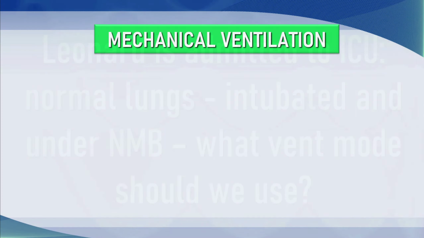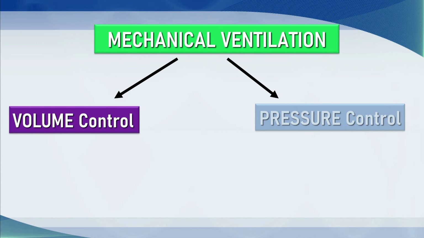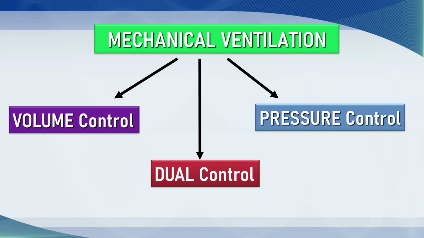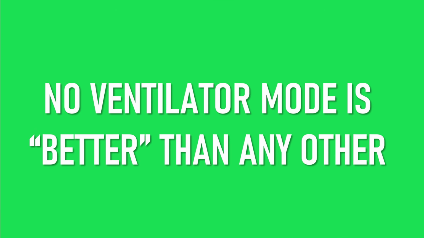When we think about the vent modes, we really have only 3 things we have to start off with. Volume control, pressure control, and dual control, which is volume guaranteed pressure control. I want to make a point here and now that despite what you might hear from loud-mouthed, opinionated people, there is no ventilator mode that's better than any other.